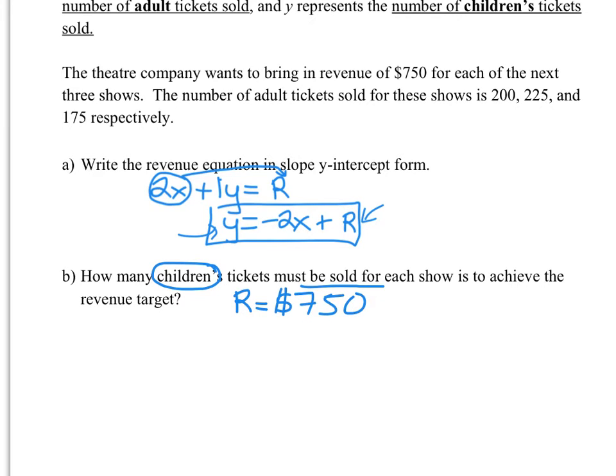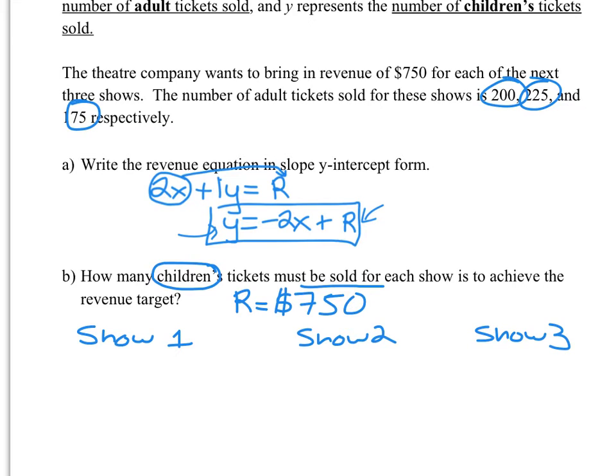And for the 3 shows, I sold 200 tickets to adults, 225, and 175. So we're going to separate this into show 1, show 2, and show 3, which will use the 200, 225, and 175 respectively.